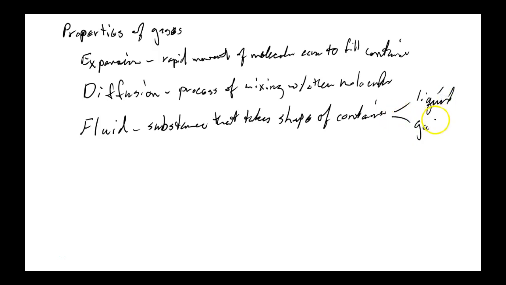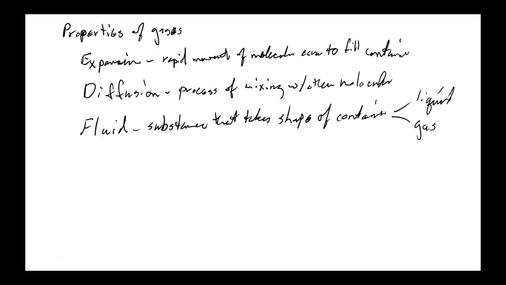A lot of times we think of liquids as being fluids. Gases are also fluid. The same principle that governs the flow of your blood through your veins and arteries, the flow of water through a pipe, applies to the flow of air through a duct. Same principle. They're both fluids. So that's the only deal there. Both liquids and gases are classified as fluids.